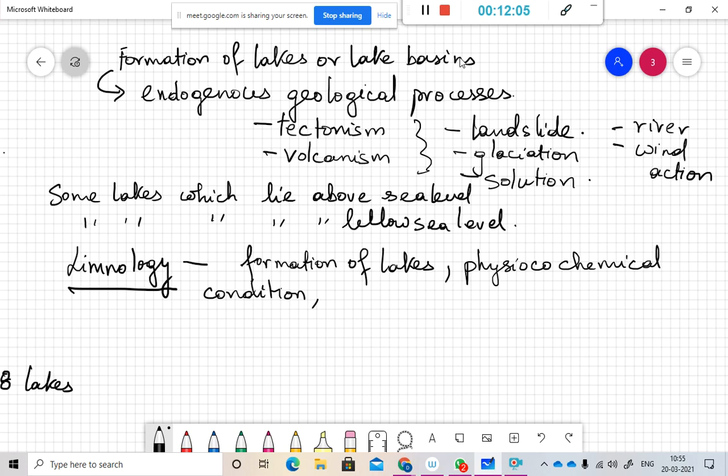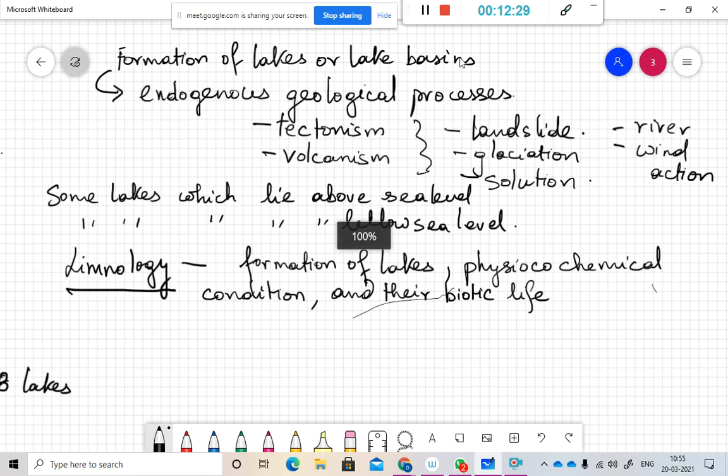Their biotic life is also studied under limnology.